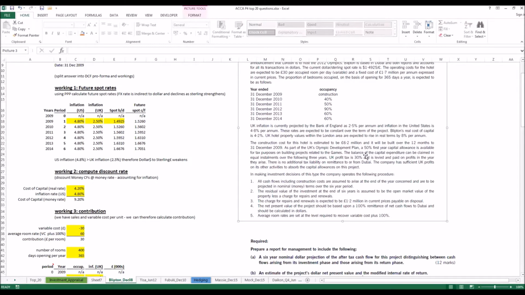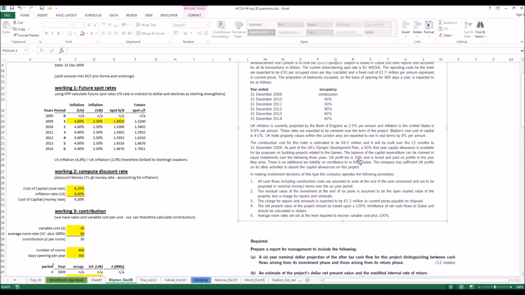But then we're told that the balance of the capital expenditure can be claimed in equal installments over the following 3 years. So we're depreciating 6.2 million capital expenditure over 6 years. The first part will be 50% taken in year one, but the remaining 50% we're taking over the remaining 3 years in equal installments.